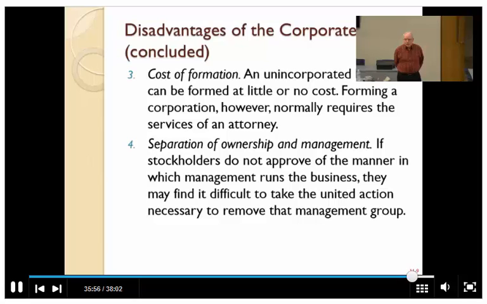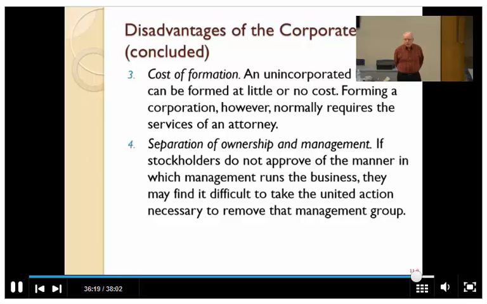Now, they're talking about separation of ownership and management as being a disadvantage. Earlier I said that sometimes companies purchase their own treasury stock to avoid a hostile takeover. Well, the question you have to ask is, who's management trying to protect here?